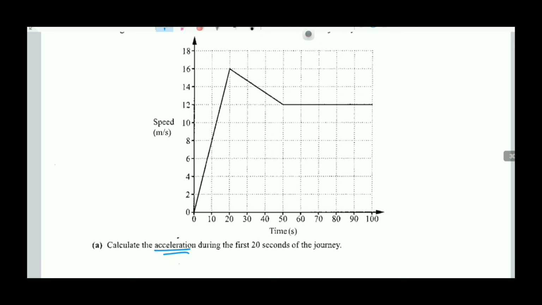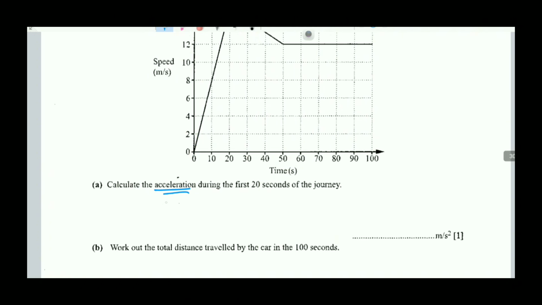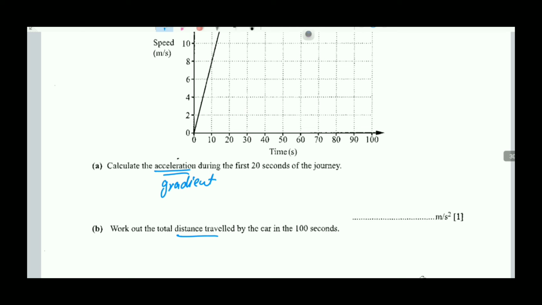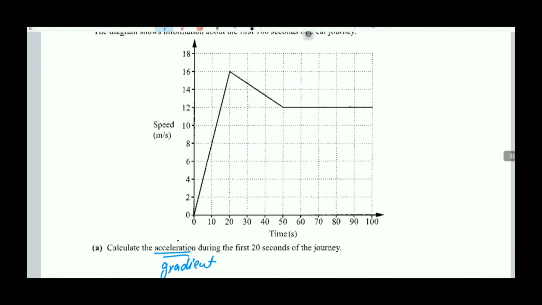The acceleration during the first 20 seconds. This is the acceleration of the first 20 seconds. You can easily find the gradient. And now work out the total distance of the 100 seconds. You can find the area like that. You can split it into this triangle, and you can also consider this trapezium as well.